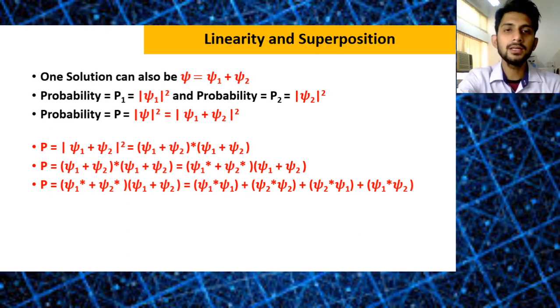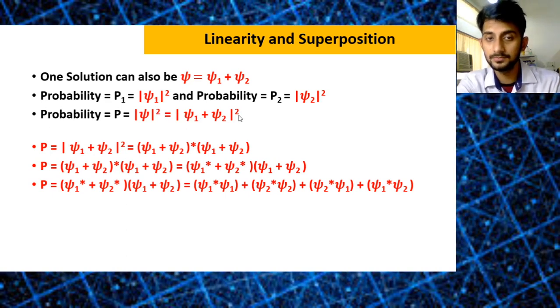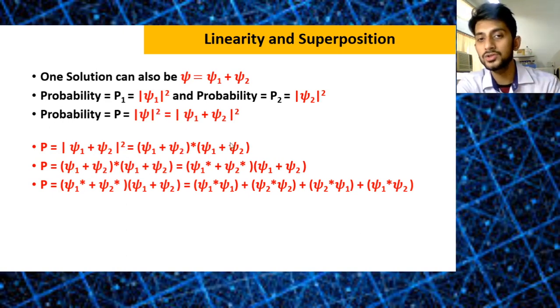Now the probability P, which is associated with the sum of psi1 and psi2, is mod psi squared, given by psi1 plus psi2 whole squared. So if you calculate P further, mod psi means taking the complex conjugate and then multiplying by the same number. So psi1 plus psi2 complex conjugate times psi1 plus psi2. Complex conjugate means psi1 star plus psi2 star.